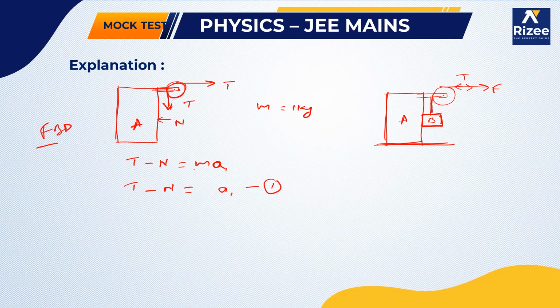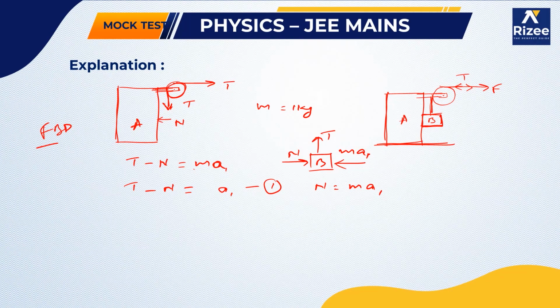Now how do we write the normal reaction? As we have done in the case of A, let us take the free body diagram of B. The forces acting on this one are the tension T, the normal reaction acting in this direction, and a pseudo force which is M into A1.